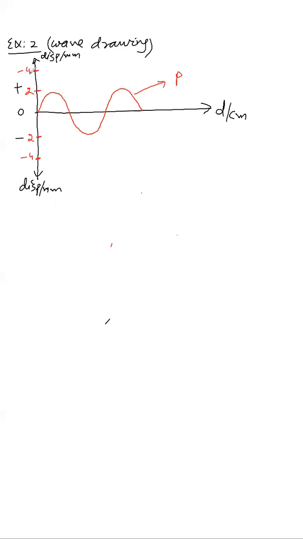Now what you have to do is, it's actually the exact same question as the previous one, the statement one, but this is in the form of a wave drawing.